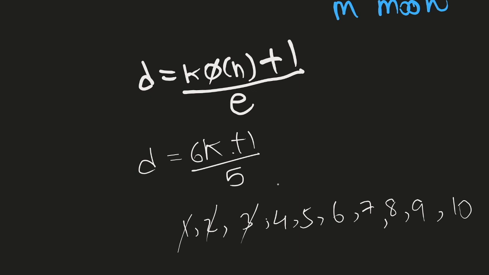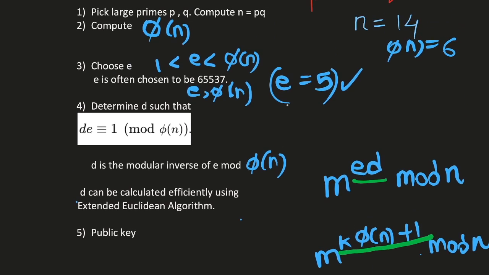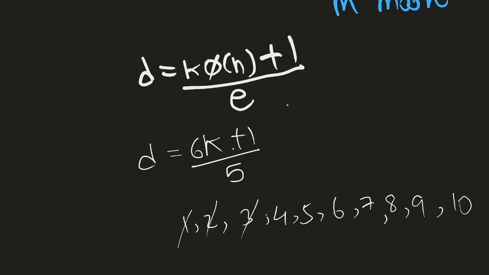And if d is 5 and my e is also 5, it doesn't make my d secret. So even though it's an integer, it's still going to be ruled out, because I don't want anybody to be able to find out d from my e.